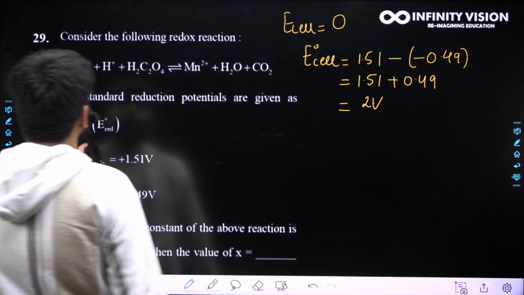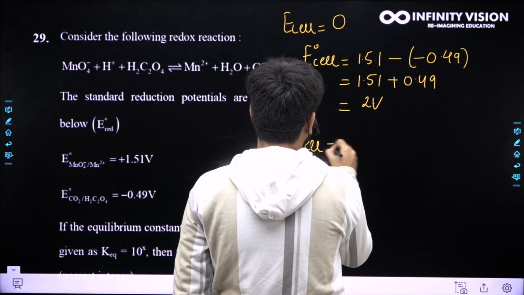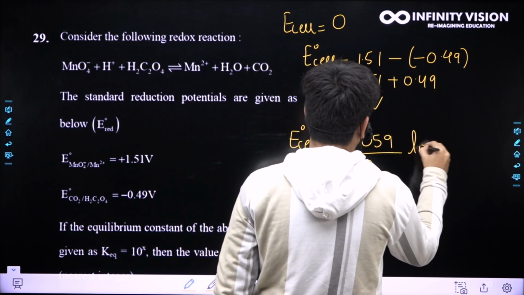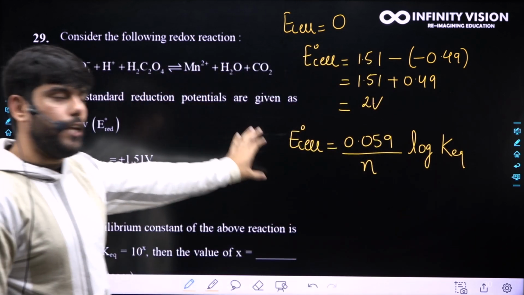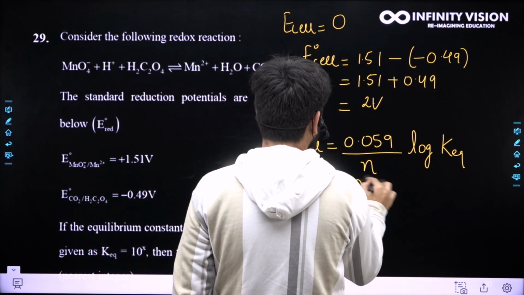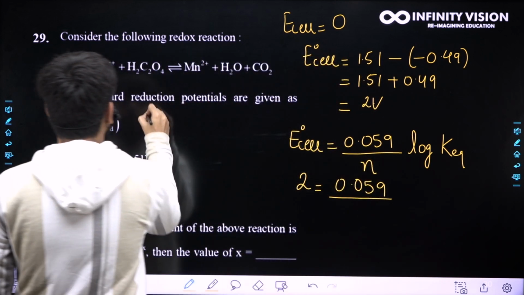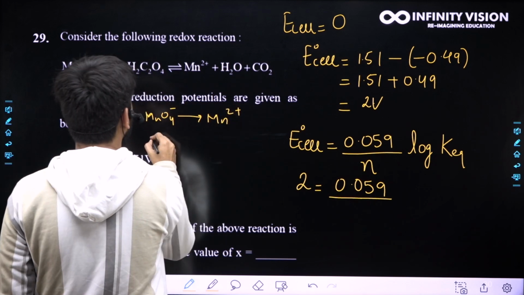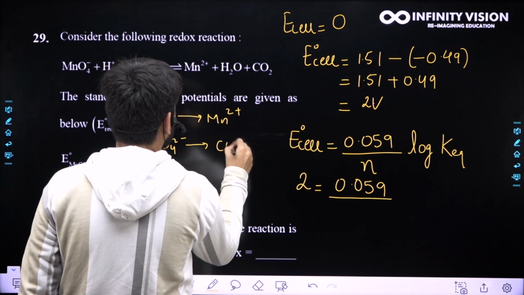Now we know the formula that E naught cell is equal to 0.059 upon n into log of K equilibrium. This is the relationship between E naught cell and K equilibrium. Now E naught cell is 2, and this is 0.059 upon n. For n, we have MnO4 minus getting reduced to Mn2 plus, and oxalate getting oxidized to CO2.